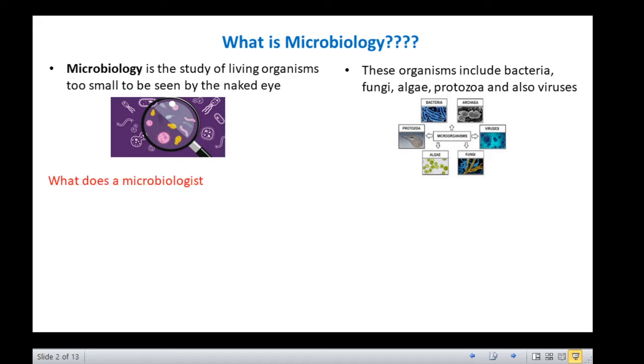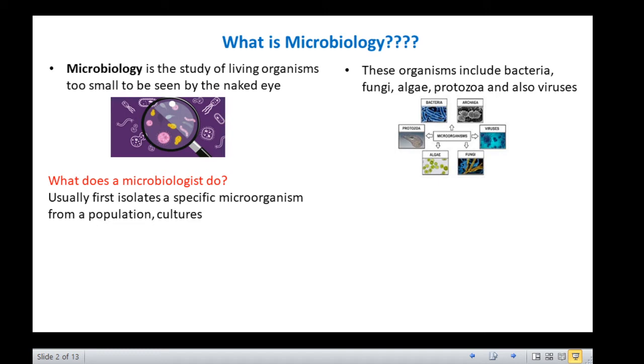What does a microbiologist do? A microbiologist usually first isolates a specific microorganism from a population, cultures it, and then studies its structure and processes.